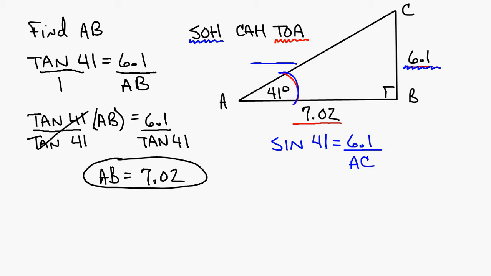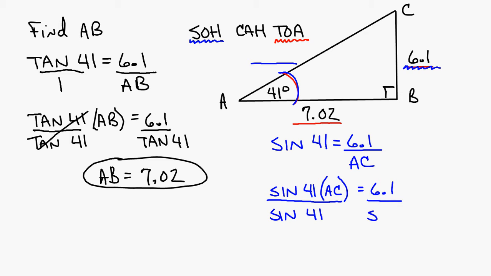You would crisscross multiply, so you would have sine 41 times AC equals 6.1. And if you divide both sides by sine 41, you're just left with AC on the left, and it's a calculator operation of 6.1 divided by 41 sine.